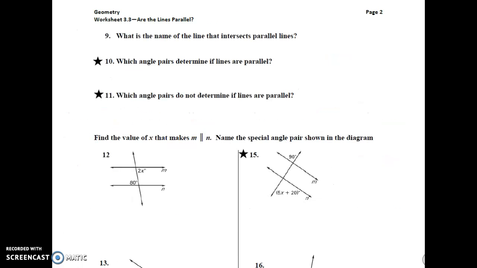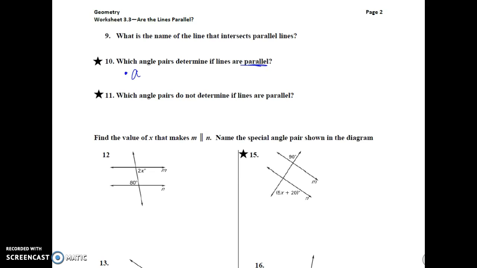Looking at the back side of our worksheet, we just have a couple of questions that I want to go over because they come from your notes and they would be good questions for you to use for studying for your test. Question number 10 says, which angle pairs determine if lines are parallel? Of all the different angle pairs that we have, some lead us to parallel lines, some do not.